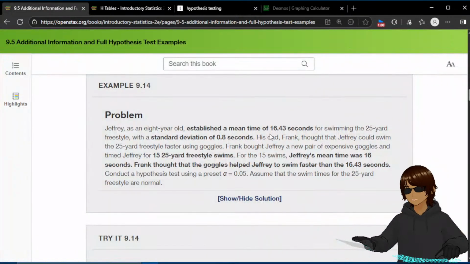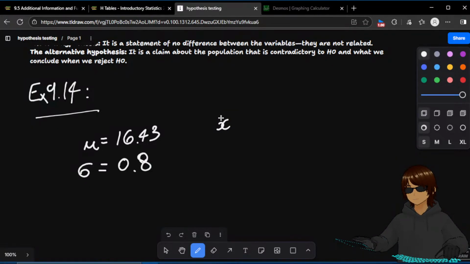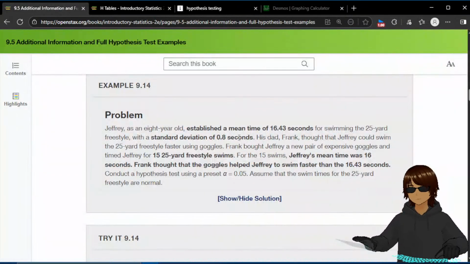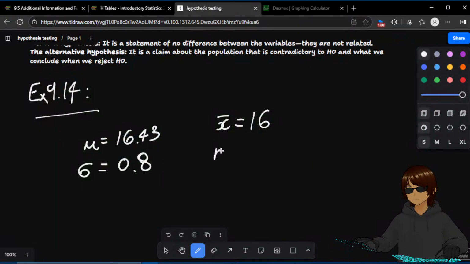And then we collected 15 25-yard freestyle swims. So X bar was 16. N is 15.